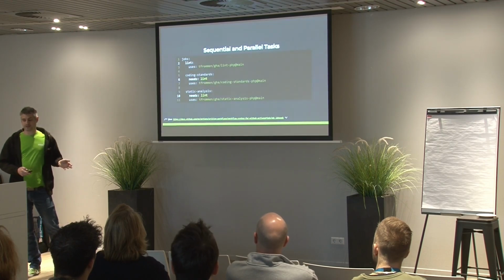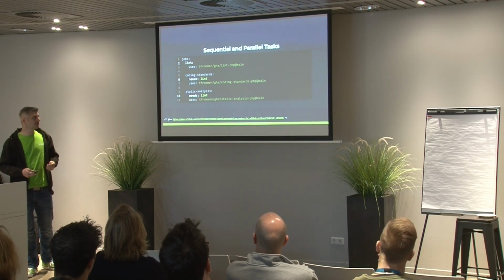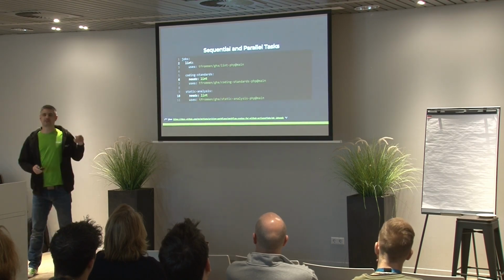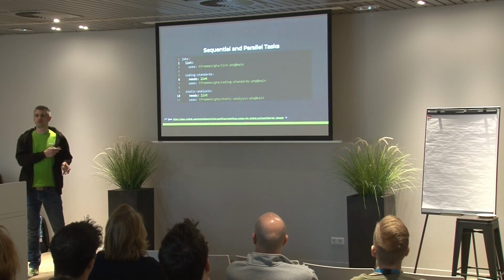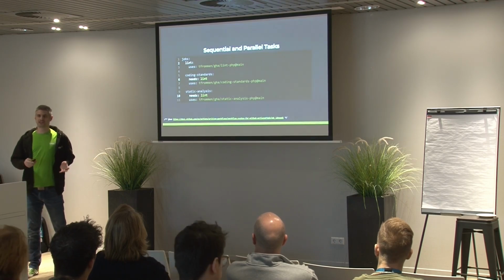And that could be done like this. So we have a name, we have an ID for the first job, it's called lint. And then we say for the others, this one can run as soon as it can, and that's my only requirement. I need this lint job not only to be executed before, but actually to succeed, to be successfully executed.